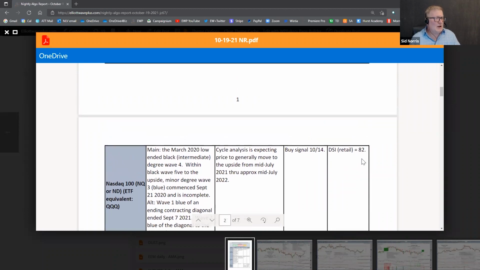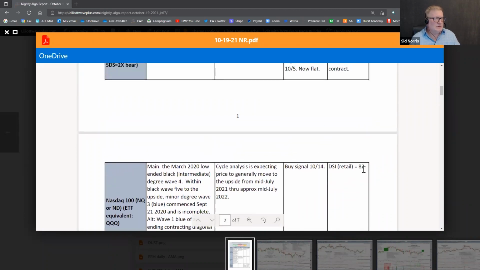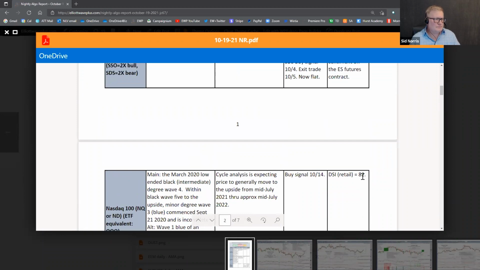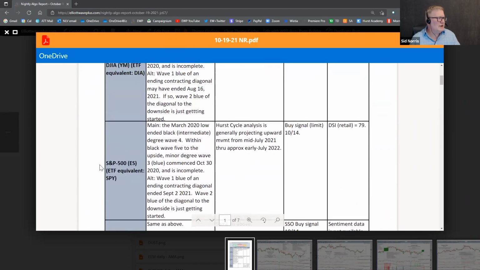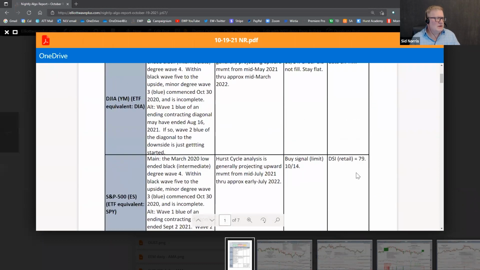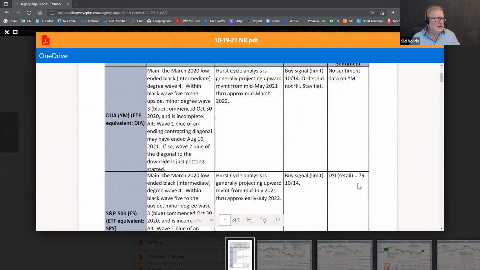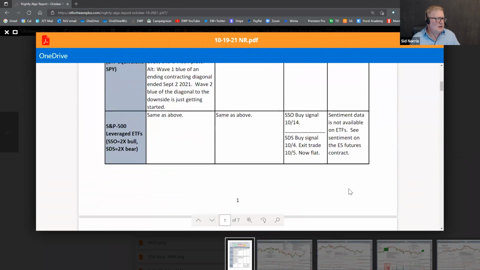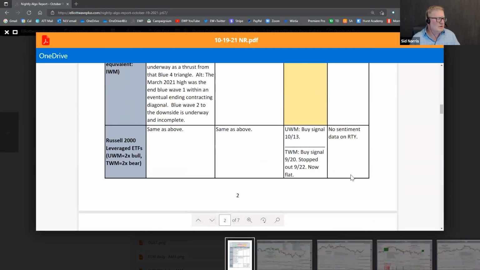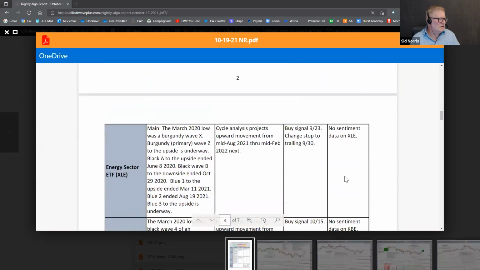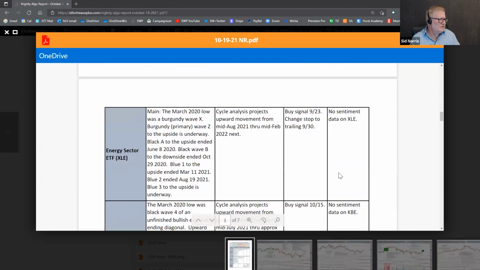It's not quite high enough to be alarming, and it depends on where it's been, and we'll look at the charts to see a little more history on that. On the ES contract, on the S&P, the current daily sentiment reading tonight that just came out tonight, 79, and so on and so forth. There's a lot more sentiment information to be gleaned when we get to those sentiment conditions screenshots that subscribers get every night.